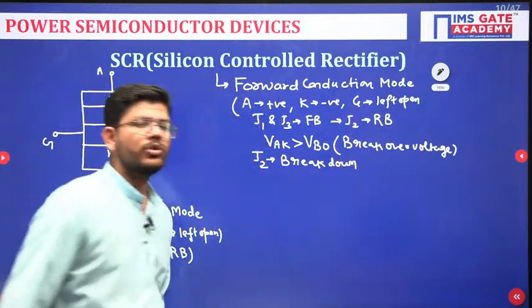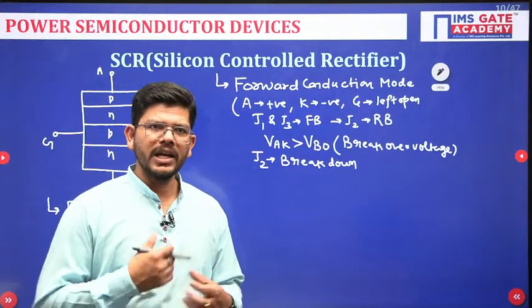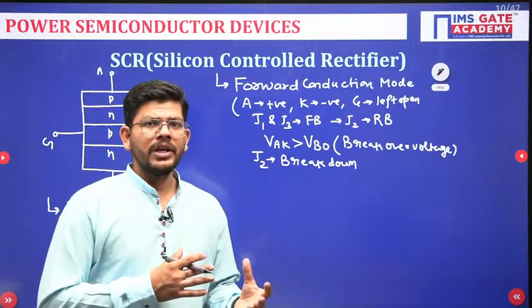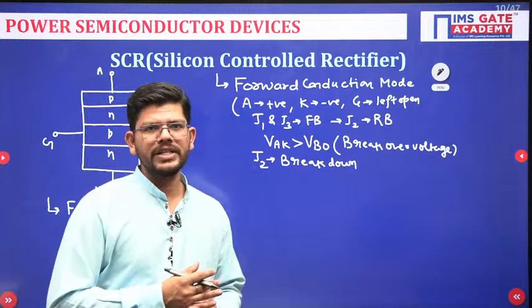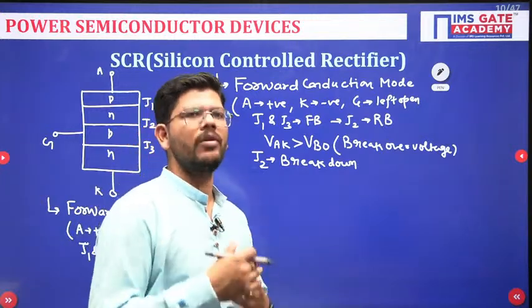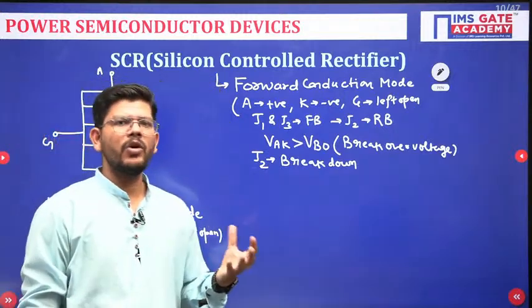So we are applying a very high voltage and breaking junction J2 down so that conduction is made possible. But the problem is that the device will not be capable of coming back into the forward blocking state again, which means we will not be able to turn off the device. It will just lose its forward blocking capability.